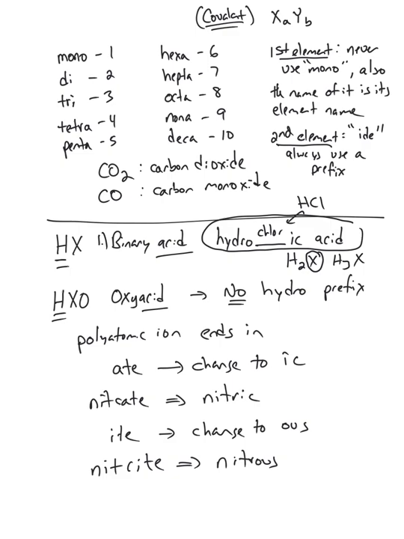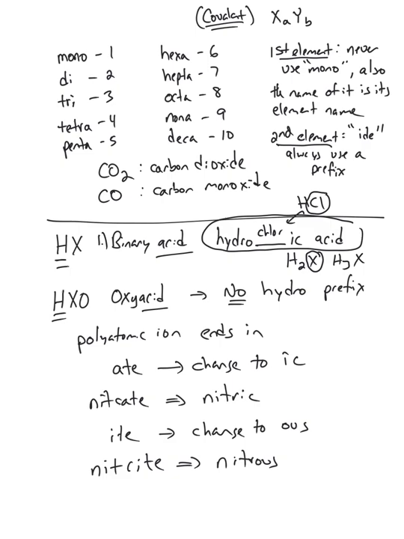Because it begins with H, we always end in the word acid, so we tell the reader that it is an acid. If we change the nonmetal to something else, we just change the root word of that element. If it's sulfur, it's hydrosulfuric, and so on and so forth.